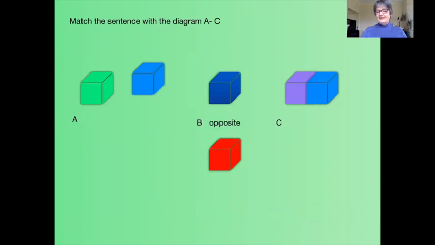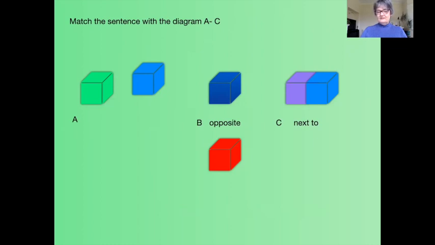That's diagram B, opposite. The blue box is opposite the red box. Number 2, the purple box is next to the blue box. That's diagram C. The purple box is next to the blue box.